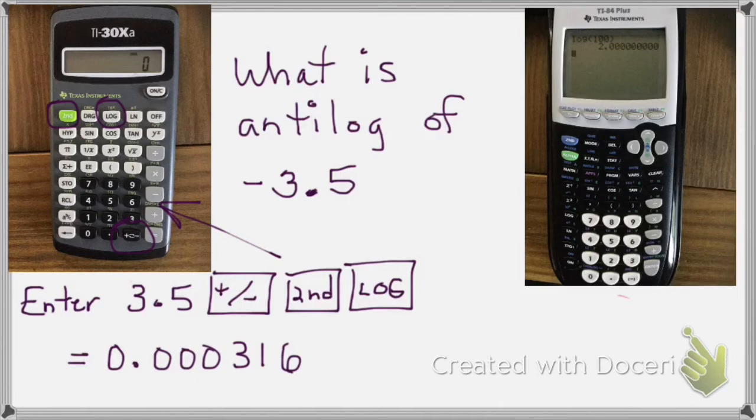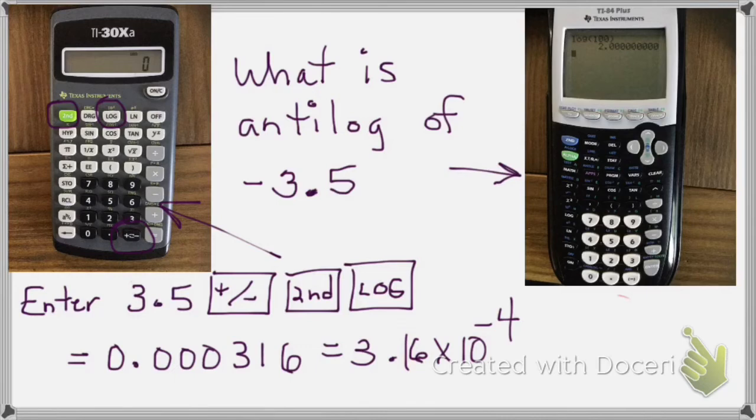We would get what we see here, and if I write that as scientific notation, that would be 3.16 times 10 to the minus 4. Okay, if you're using your TI-84 Plus, you're going to hit the second log to get the 10 to the x function first, and then enter the number.